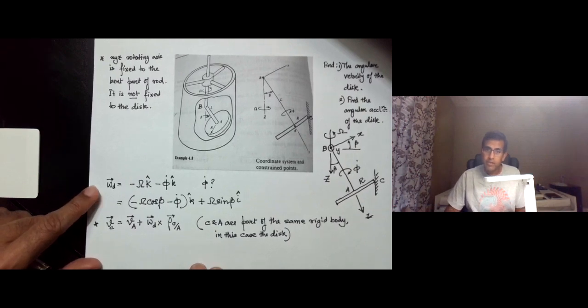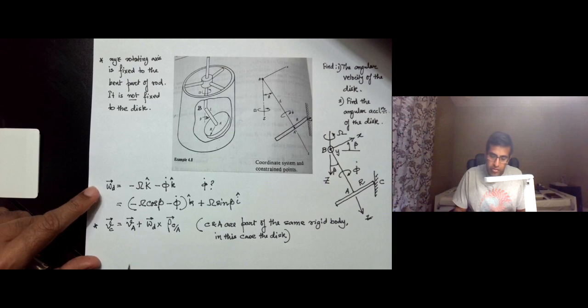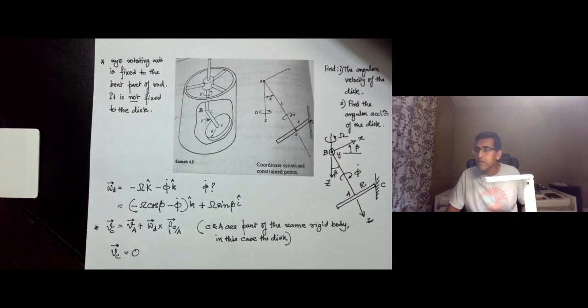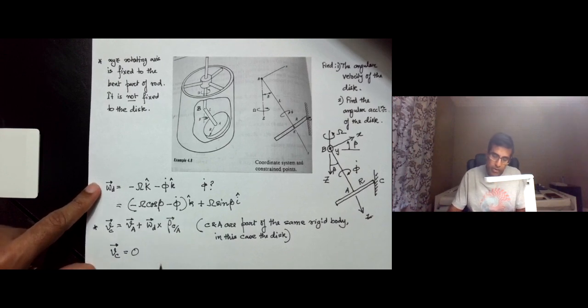Now let us see what the individual components are. Let us consider Vc. Vc is equal to 0 because C is the point of contact, and the disk is rolling without slipping.